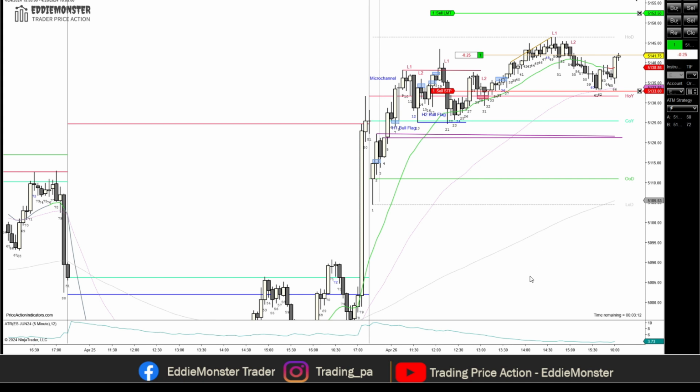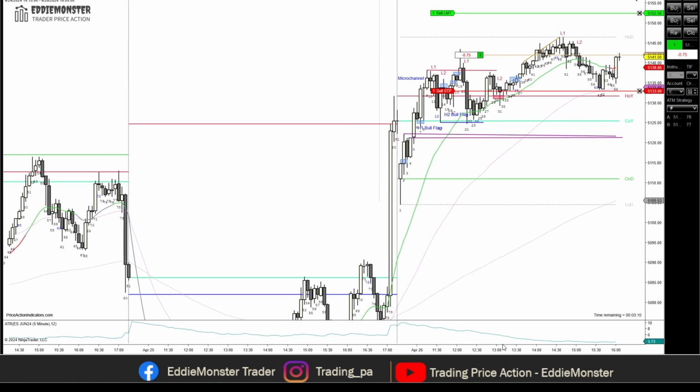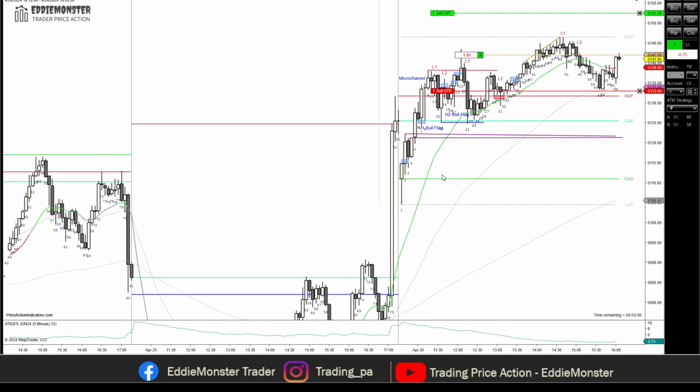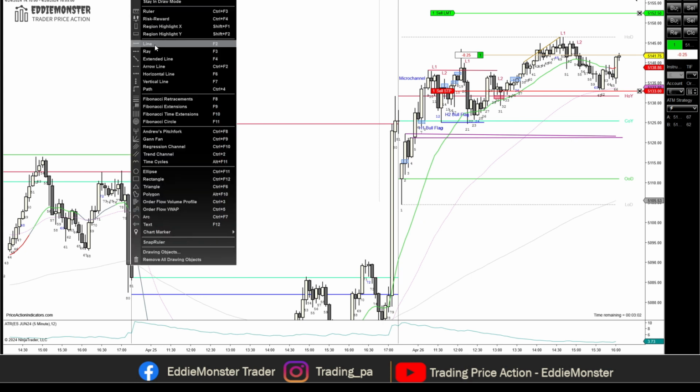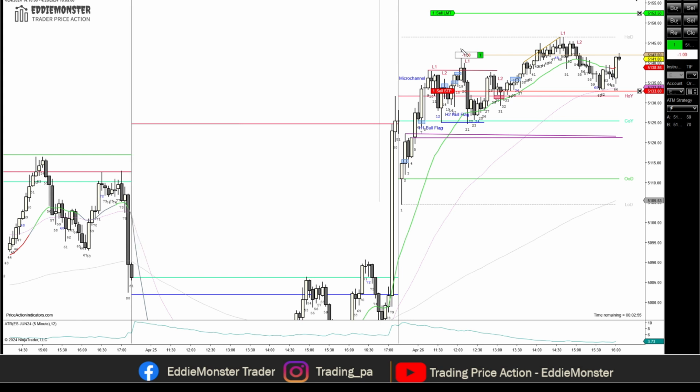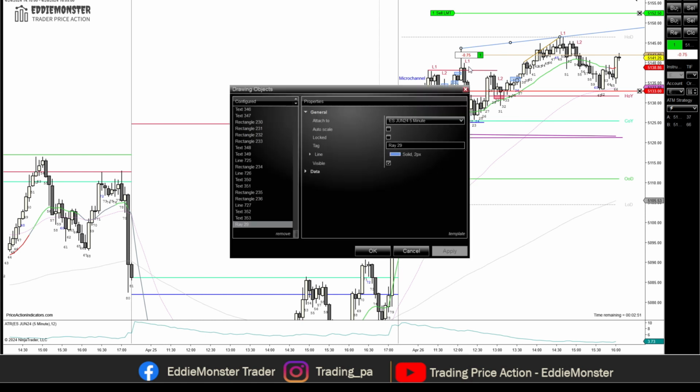So what you're looking for here is essentially, let's say that this is the first leg and this is the second leg, and then we're looking for the trend resumption in the third leg. So we'll make this right here, and this will be the channel line.